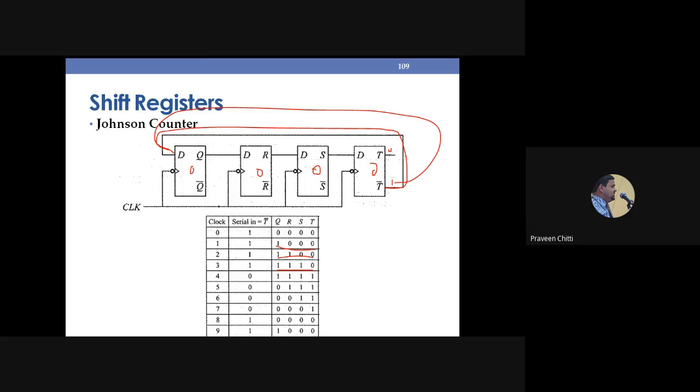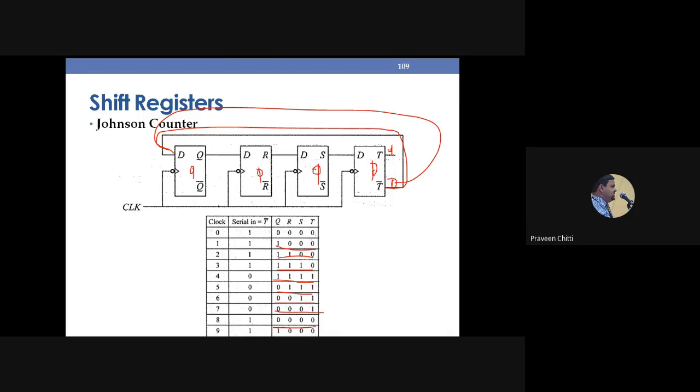Then at the fourth clock pulse, it becomes 1 1 1 1. Now if you apply the fifth clock pulse, we are not giving this 1 now; we are giving the complement of it, 0. So 0 will start entering from the other end. It becomes 0 1 1 1, then 0 0 1 1, then 0 0 0 1, again 4 zeros, and then the process repeats.